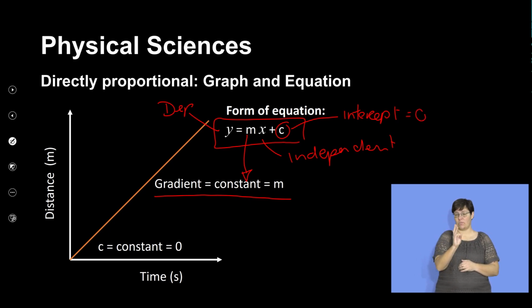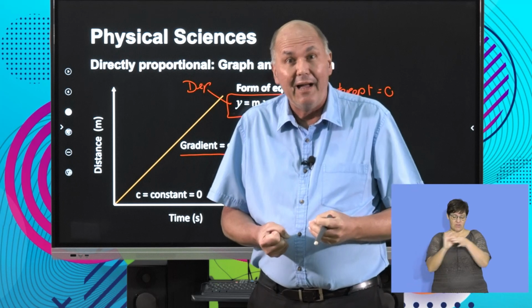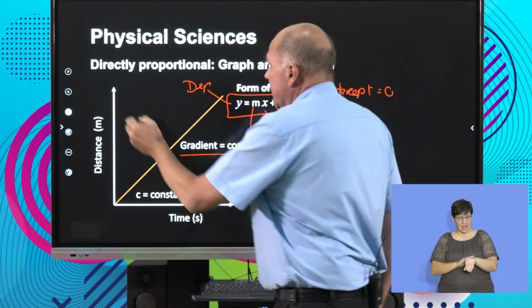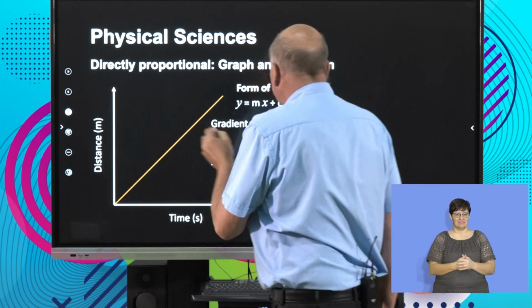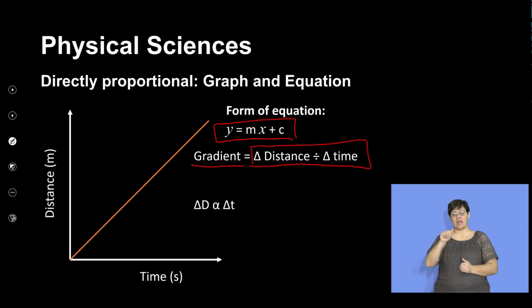So when we put this all together to try and make an equation that relates distance and time, it shouldn't be too difficult to see how we're going to do that. To make it look like this sort of an equation, the first thing we recognize is we've got the gradient. The gradient, the m bit, is actually just the ratio between distance and time.